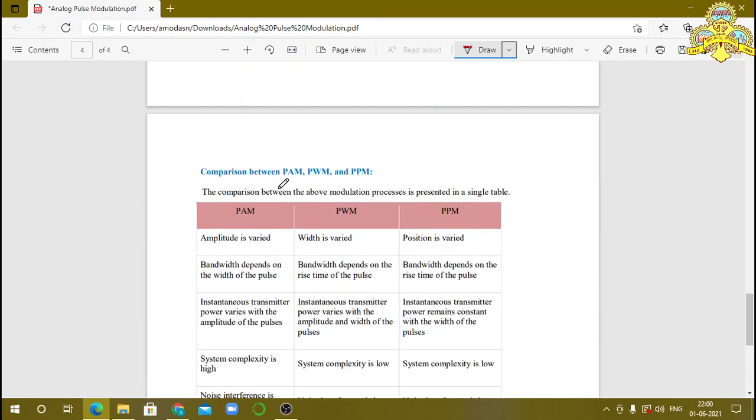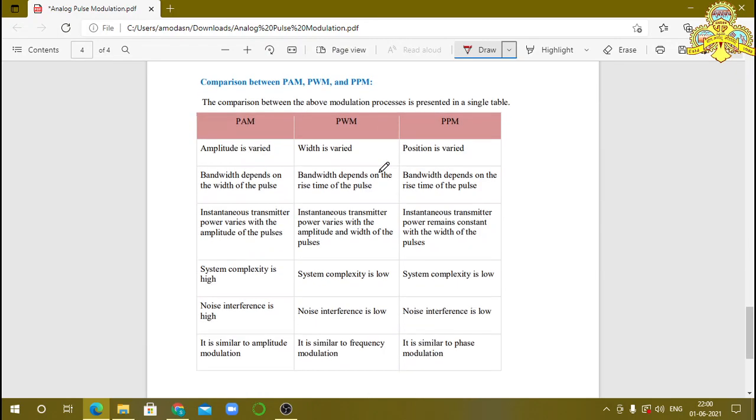Now here we have the comparison of PAM, PWM and PPM. The first one is the pulse amplitude modulated signal, PAM. The second one is the pulse width modulation signal, PWM, and the third one is pulse position modulation, that is PPM. Here in the PAM, amplitude varies.